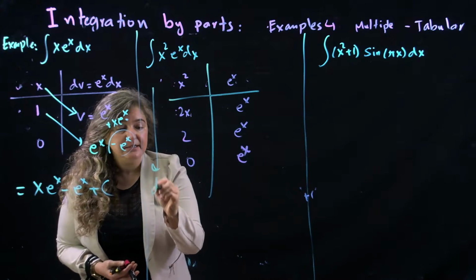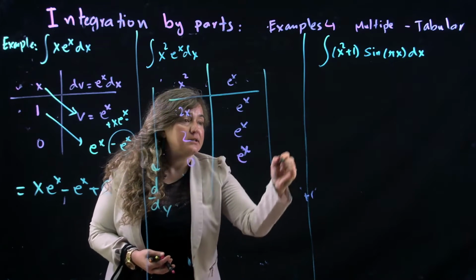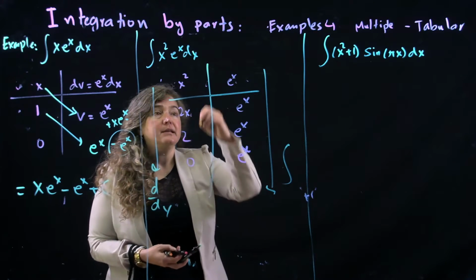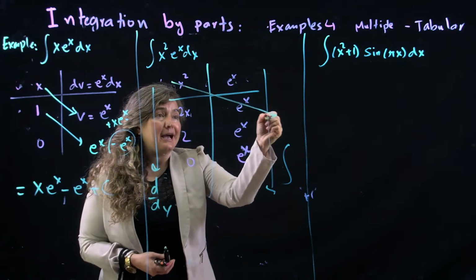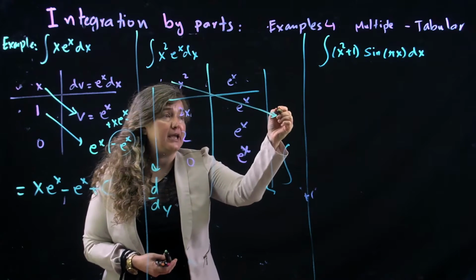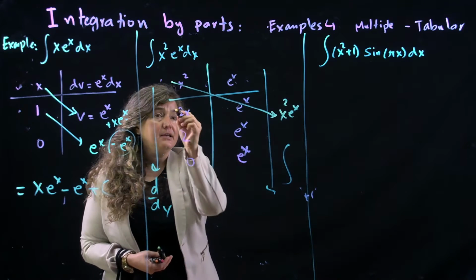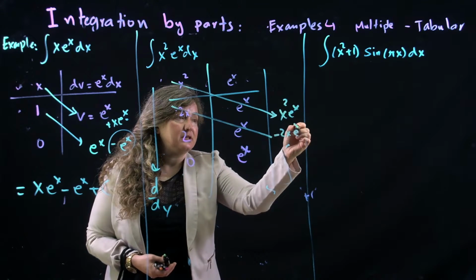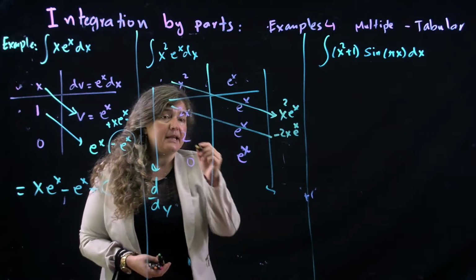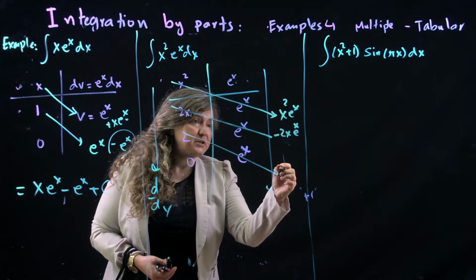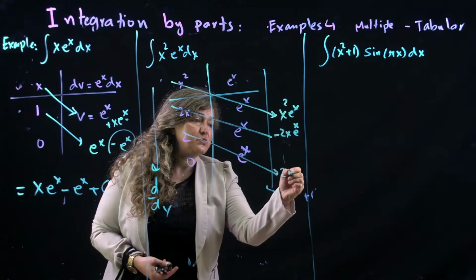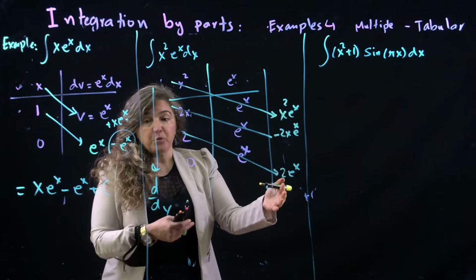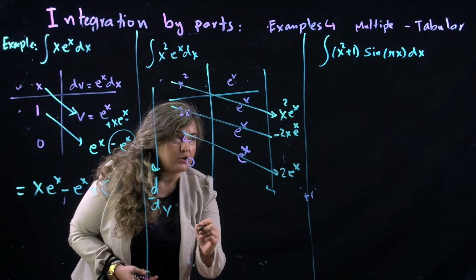This side is the dx, this side is antiderivative, and then you go diagonally like that, multiplying diagonally: x squared e to the x, then you subtract minus 2x e to the x, then you add again, so you alternate between subtracting and adding, 2e to the x. Then you add all these little products that you found, and that's your final answer.